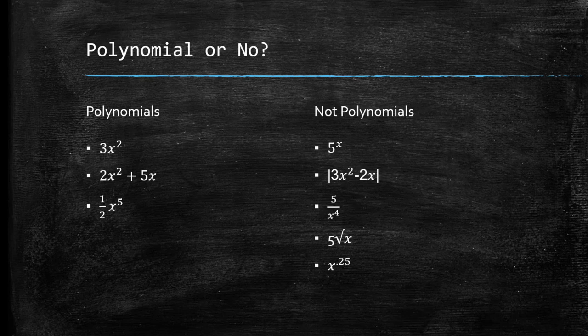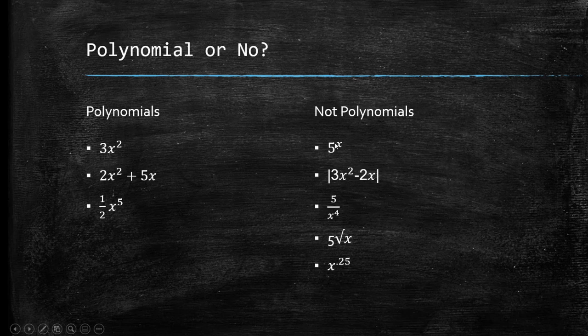So here are some examples of what are polynomials and what are not polynomials. They're being multiplied, they have positive exponents, and we're adding or subtracting different monomials.